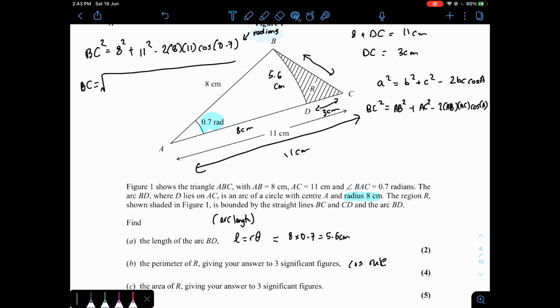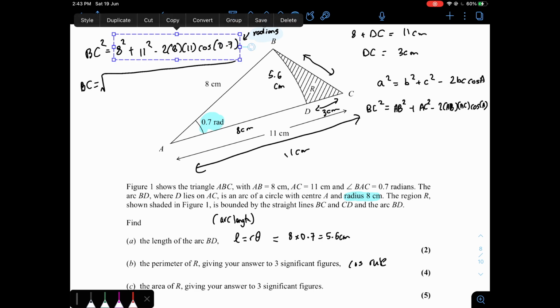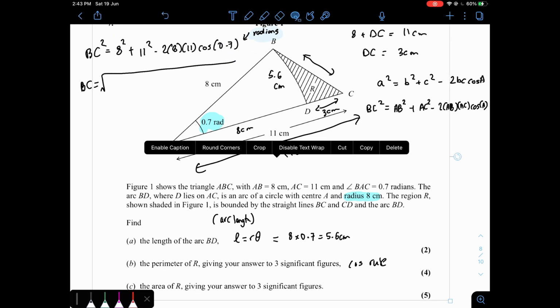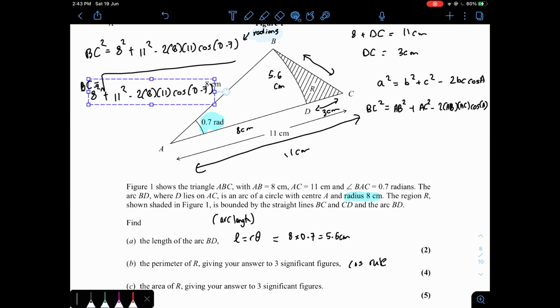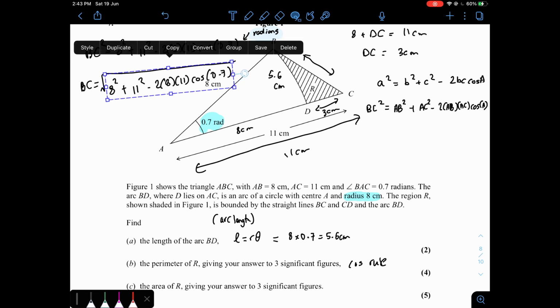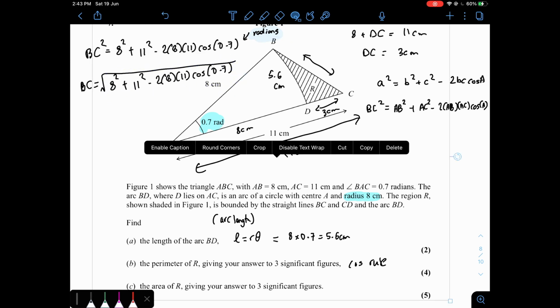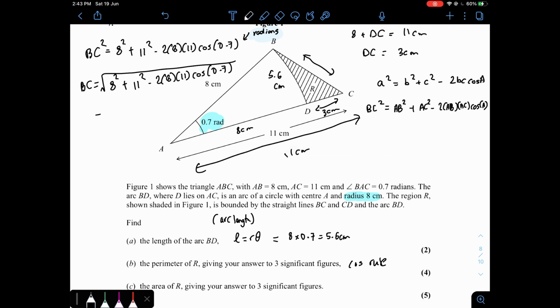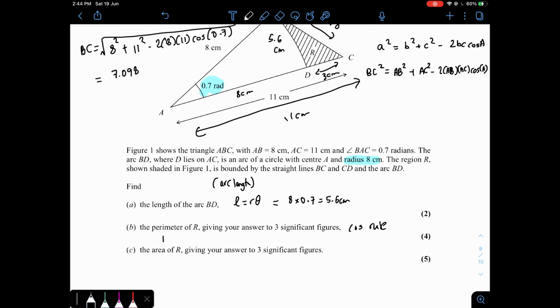So all you have to do is this, and then you'll be left with BC equals the square root of all that, which will equal 7.098. So we know that this is 7.098.